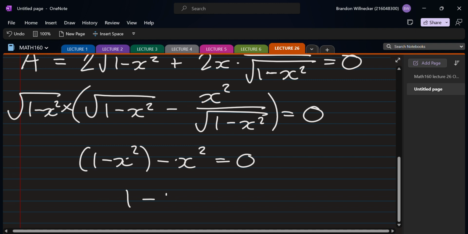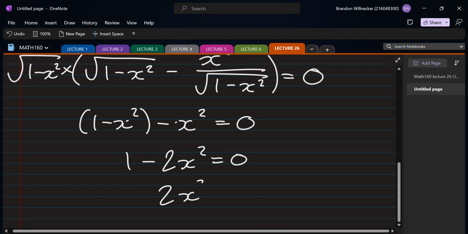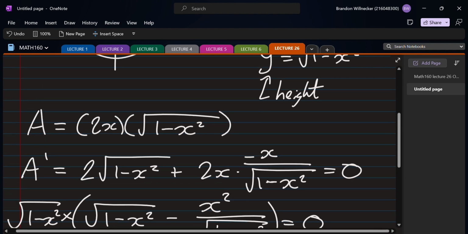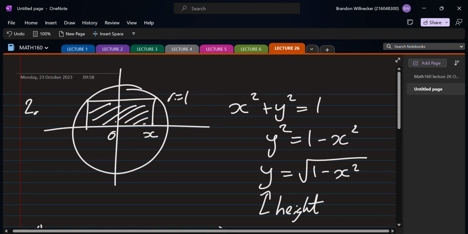Okay, so this is going to be 1 minus 2x squared is equal to 0, 2x squared is 1, so x is 1 over root 2. Again, we take the positive x because from our diagram, this x is on the right-hand side, which means it's positive. The other base point on the left-hand side would then be minus 1 over root 2.